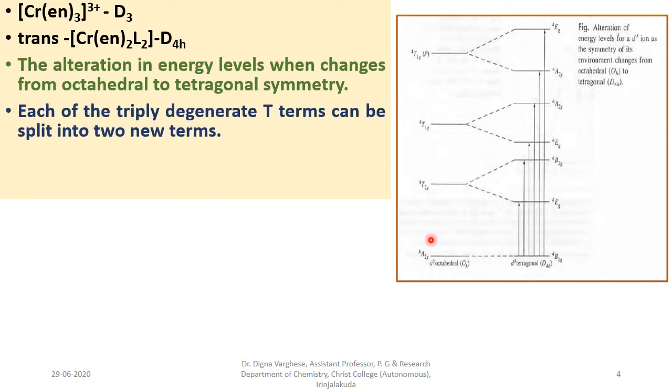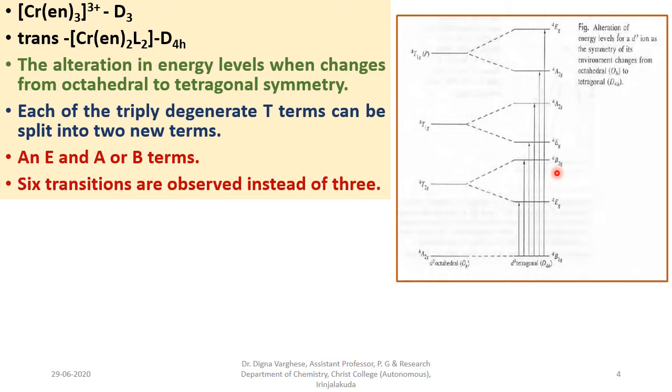In the case of octahedral symmetry, the terms are the non-degenerate A level and the T2g triply degenerate levels, and each T term will be split into an E and A or B term. Six transitions are observed instead of three.